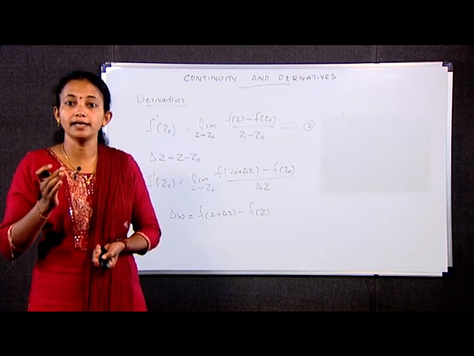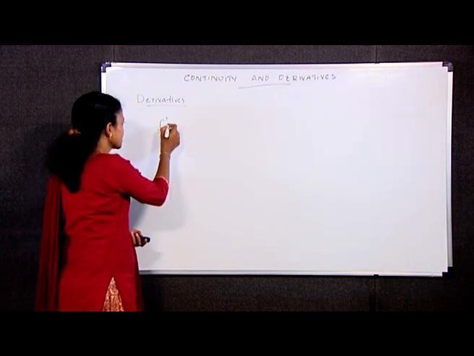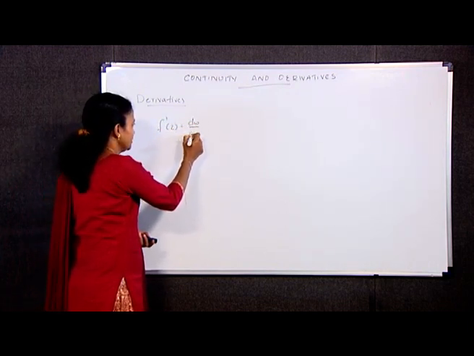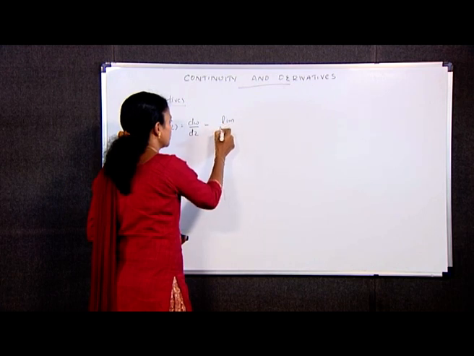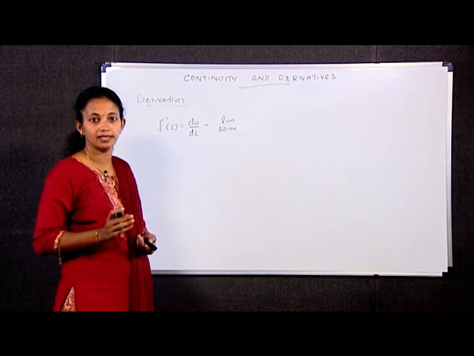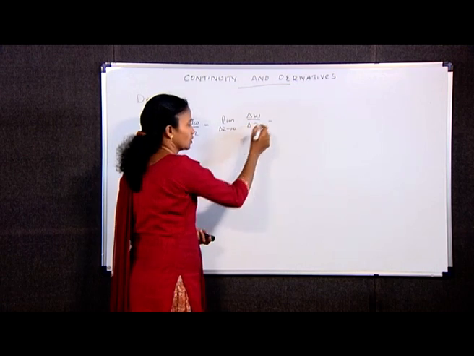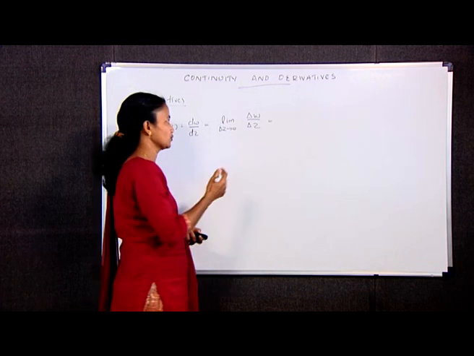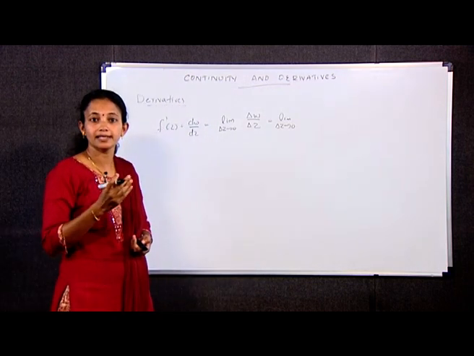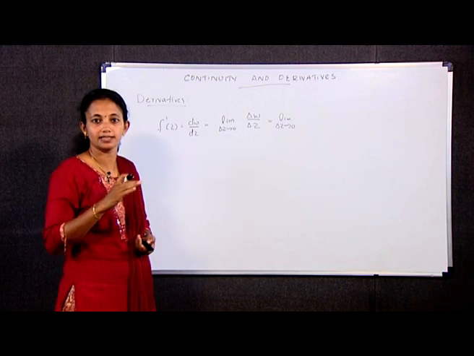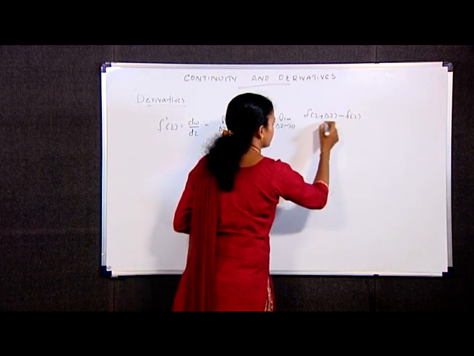Then if we write dw by dz for f dash of z, we can write f dash of z is equal to dw by dz, which is equal to the limit as delta z tends to 0 of delta w by delta z, which we can write as f(z plus delta z) minus f(z) by delta z.